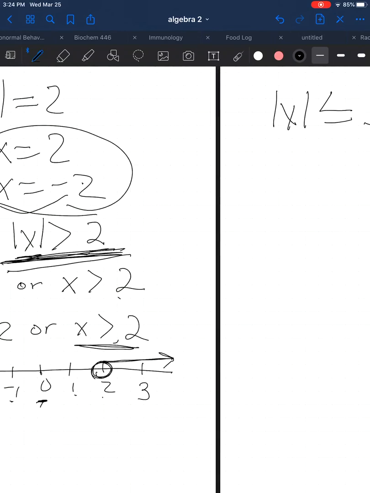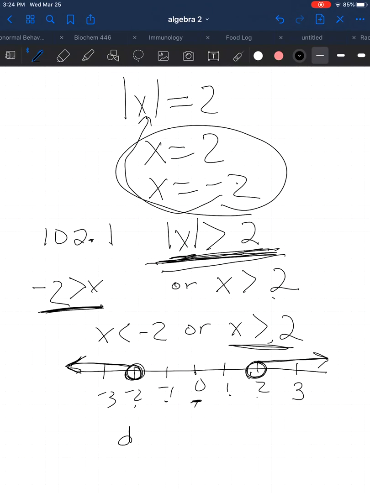The next one is different because it says absolute value of x is less than or equal to 3. Now this one is saying that the distance from 0 has to be less than or equal to 3. That's called a conjunction when it comes together. This one is a disjunction because it goes apart. It goes away from each other.